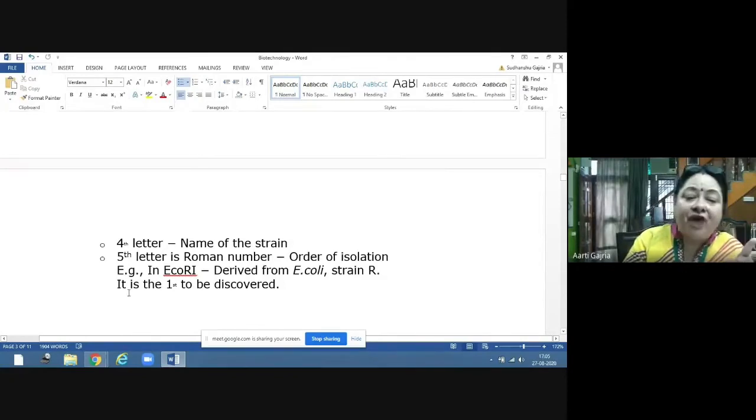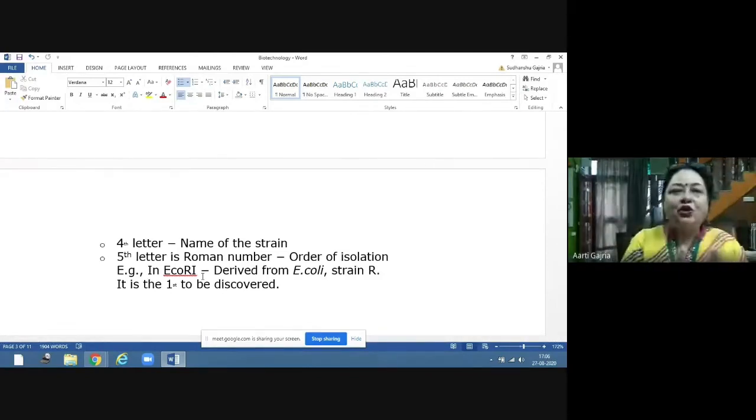And 1 is always written in Roman. 1 means it was the first to be discovered from Escherichia coli. So EcoR1 means the enzyme is extracted from the genus Escherichia.